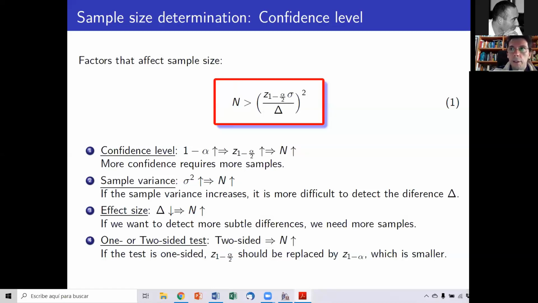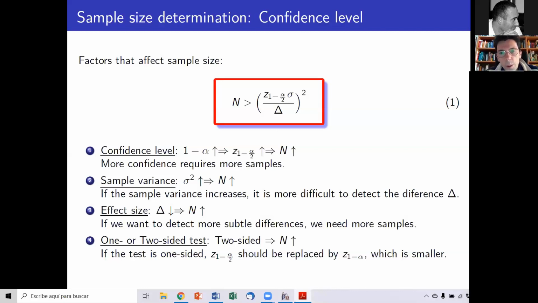I don't know if that could be the case, but even if my substance could increase the infection rate, I'm not interested in showing that. So I'm adding the a priori information that I'm only interested in one side of the comparison. And then I will need fewer samples. This is very important because when you do an experiment with animals, if you could add this extra a priori knowledge that you are interested only in one side of the comparison, the number of animals that you will need will be smaller.